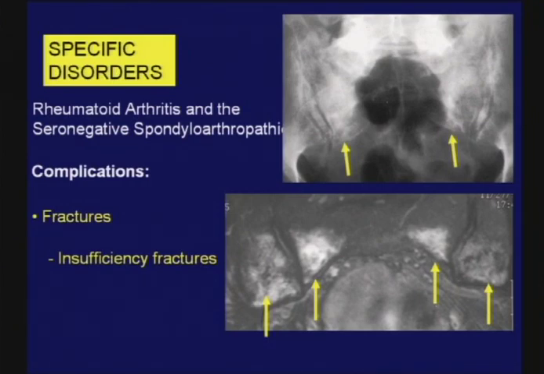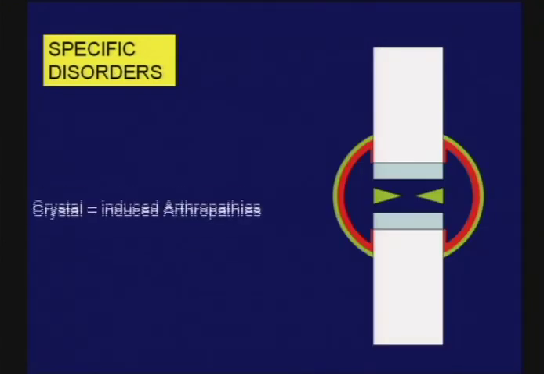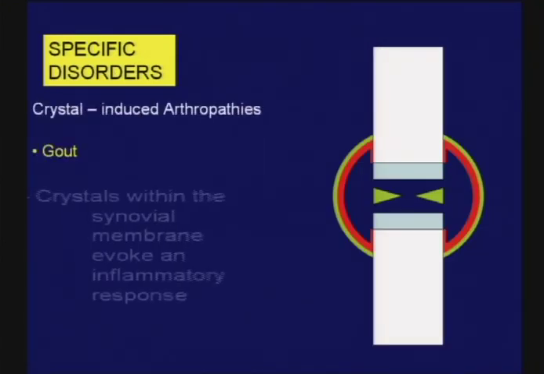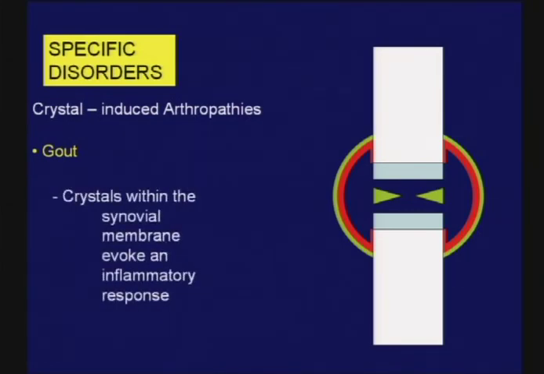In this example, in the bottom image, we can see that the ilium is also involved. So in some of these cases, the marrow alterations are not confined to the sacrum, but are also seen within the ilium. Let's turn our attention now to the MR imaging features of some of the crystal-induced arthropathies.